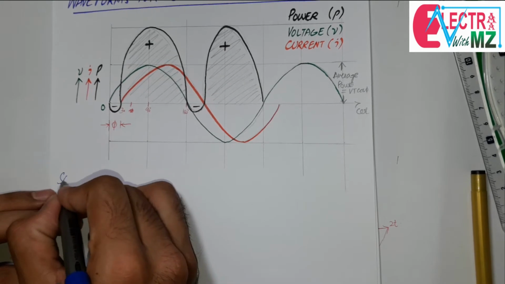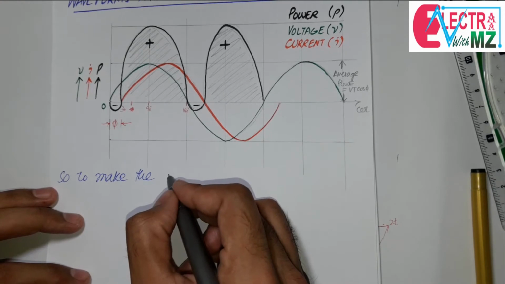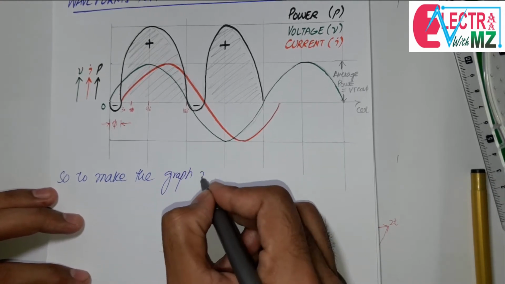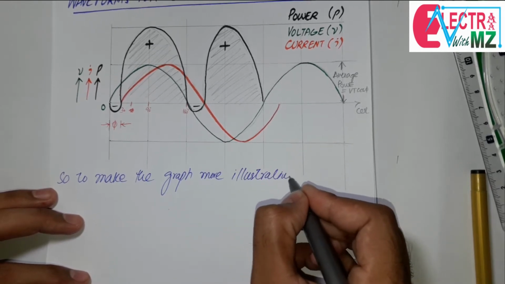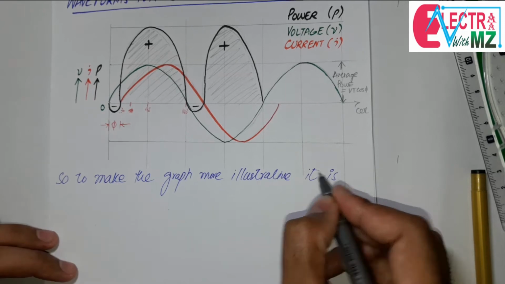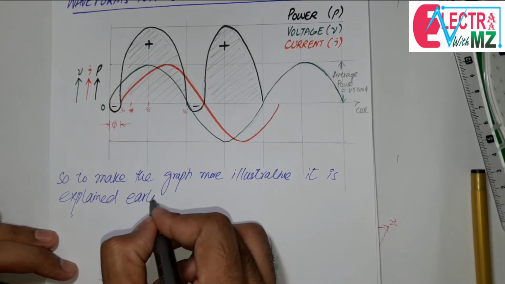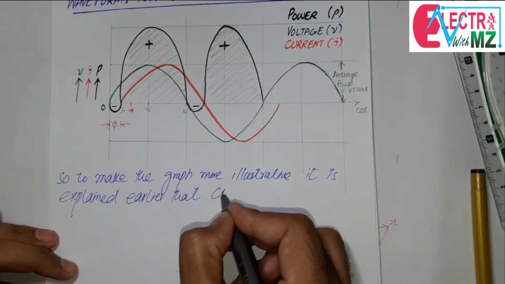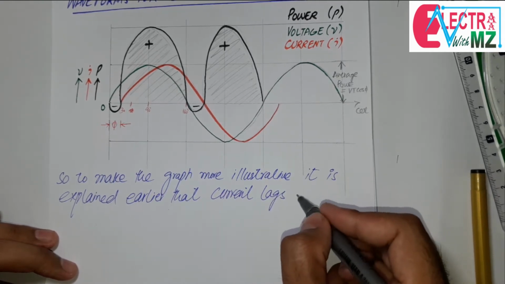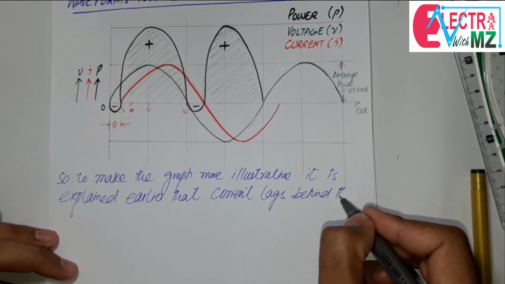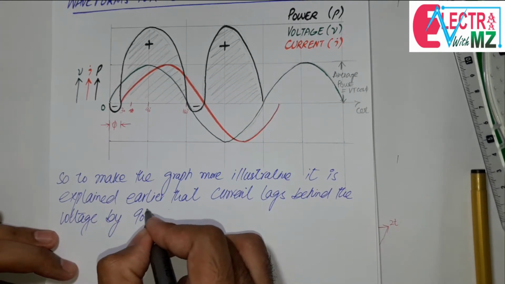Thus, to make the graph more illustrative, it was explained earlier that current lags behind the voltage by 90 degree.